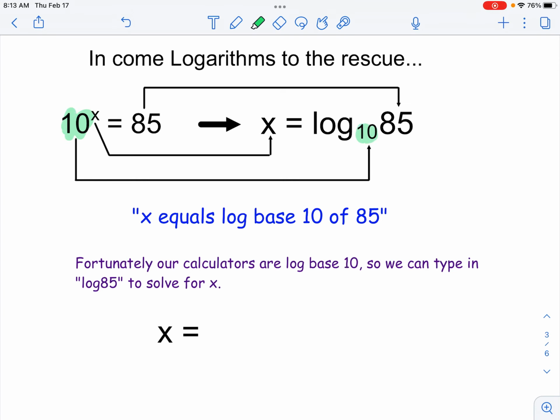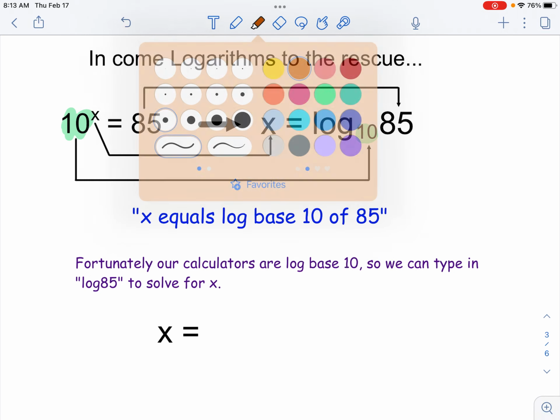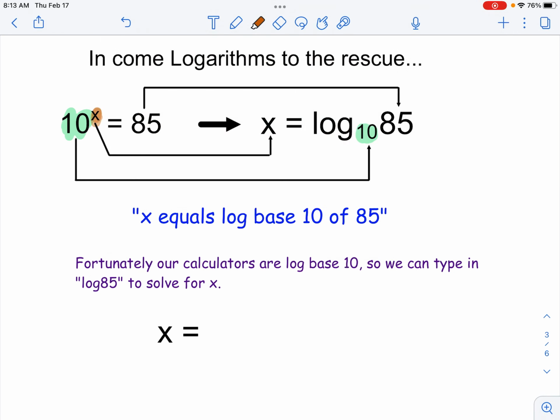It's also the base on our logarithm. X is our exponent in the exponential equation. It's what the log equals. And 85 is what we're taking the log of. You've got to get really comfortable with logarithms, converting an exponent equation to a log and a log back to an exponent equation.